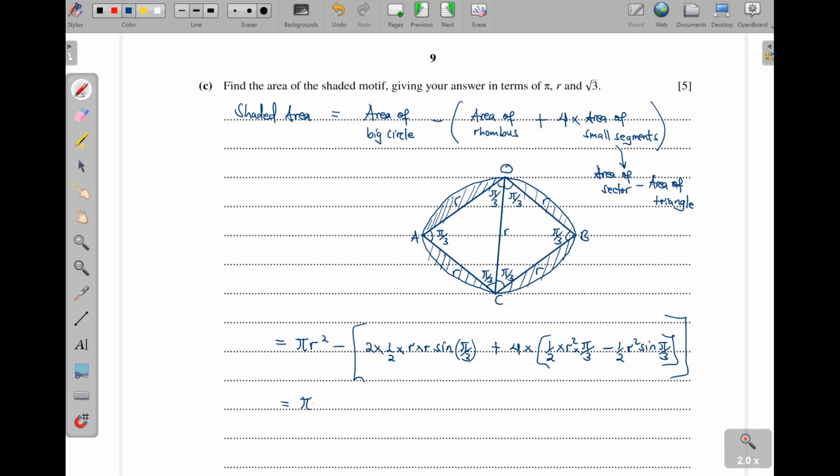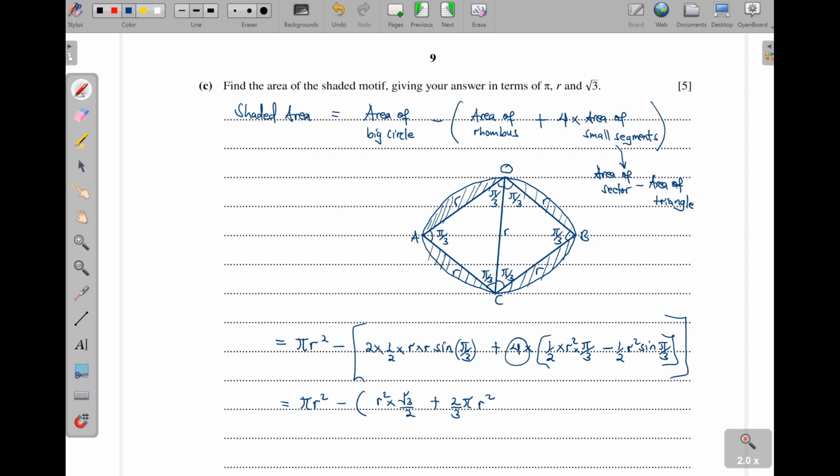Now we shall have pi r squared minus, of course this one will go, then inside here we shall have this one as r squared, then times sine of 60 degrees is root 3 over 2. And then here we shall have a 6 here. Okay, that's 6. Then this one is a 4. In other words, this one goes here 2 times, so that will be 2 over 3. So we shall have 2 over 3 pi, then r squared.